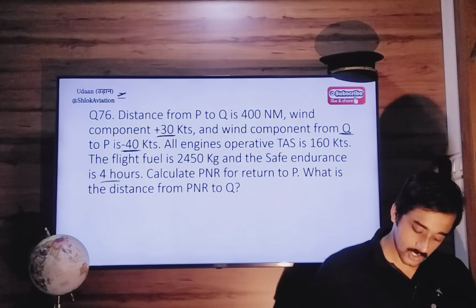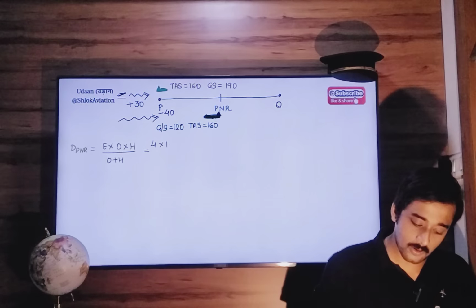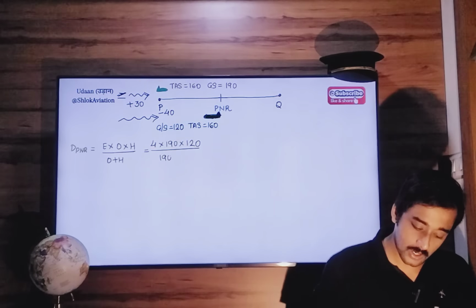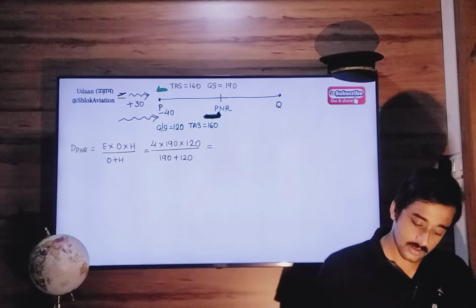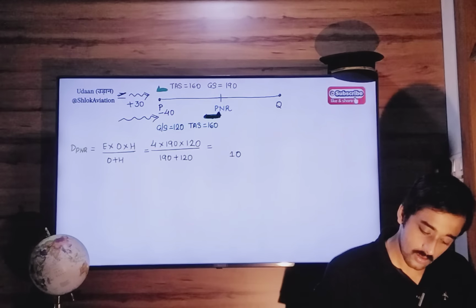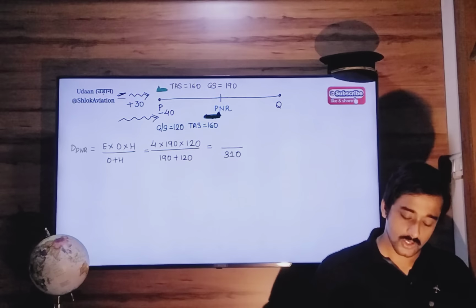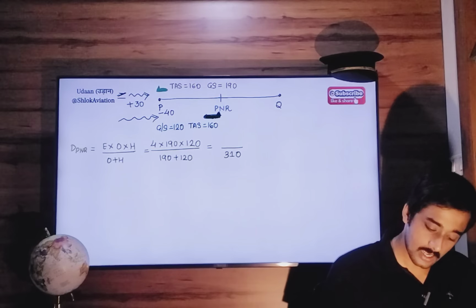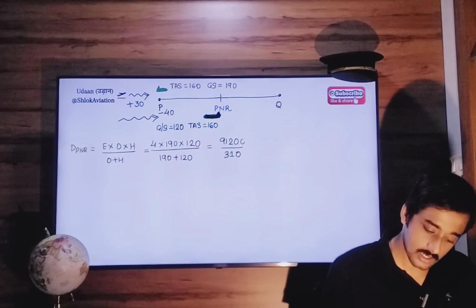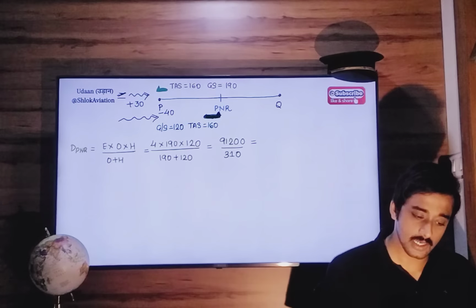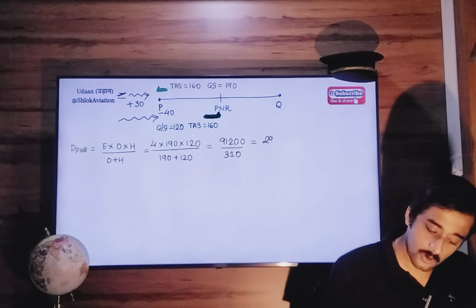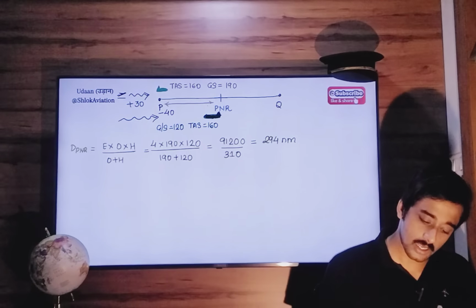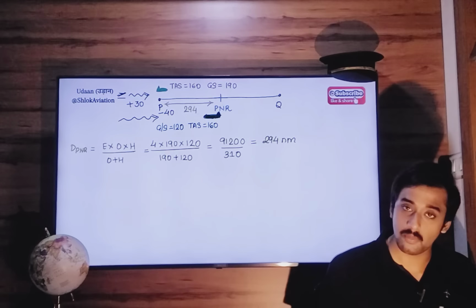Endurance is 4 hours, so 4 multiplied by 190 multiplied by 120, which is 91,200, divided by 310, that is equal to 294 nautical miles. So distance from Papa to point of no return is 294 nautical miles.